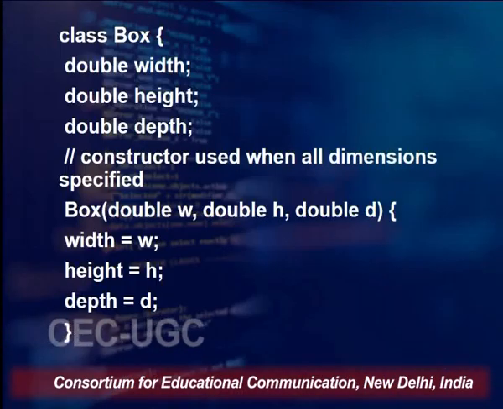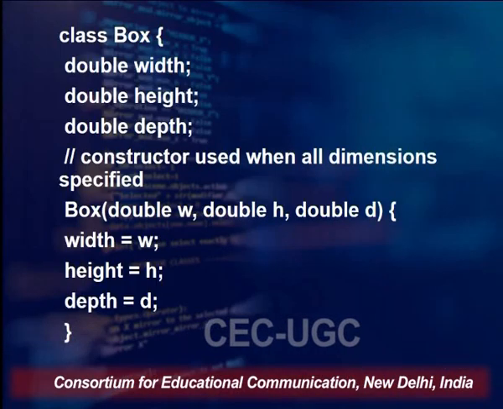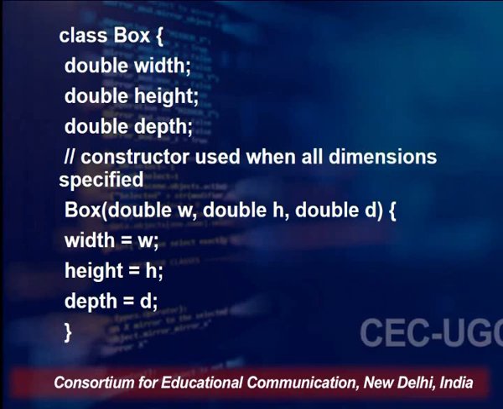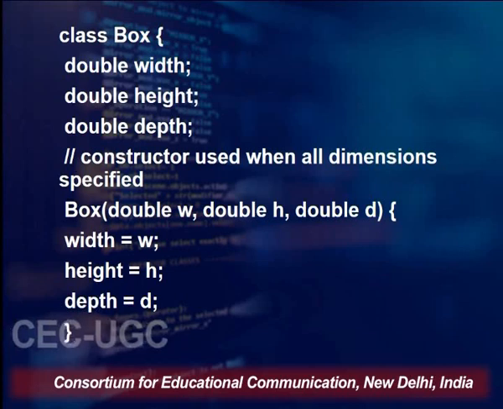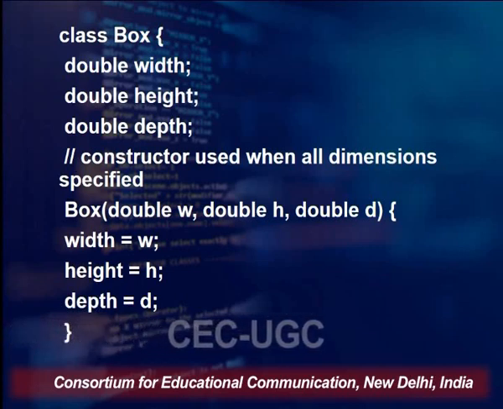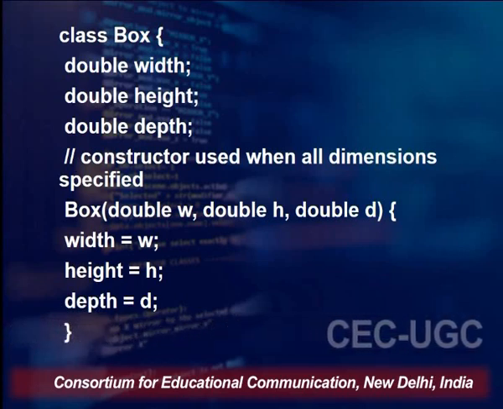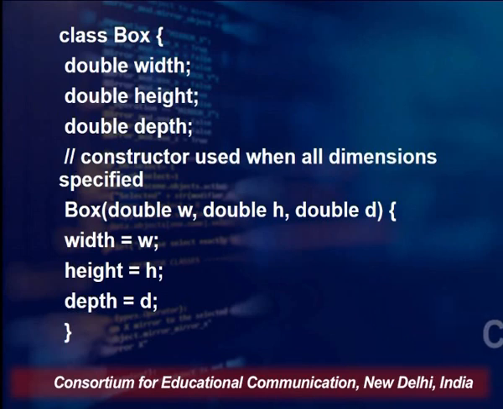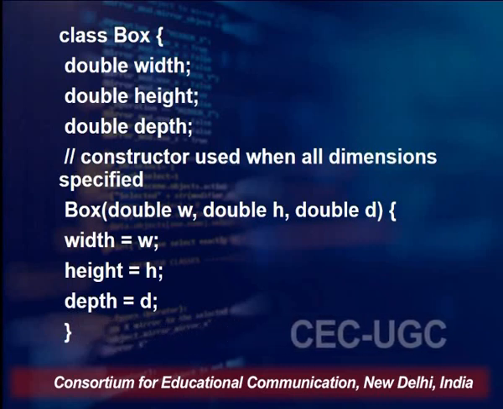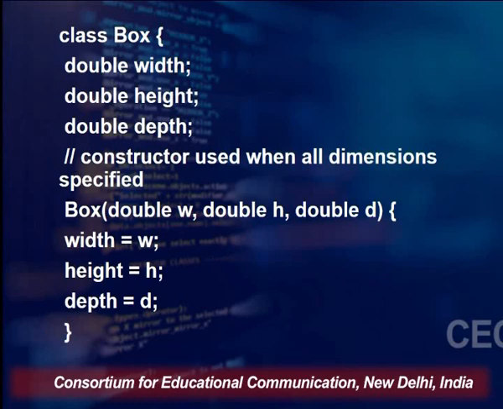And how it goes, let us see with the help of an example. Here we have a class Box, with double width, double height and double depth, and the constructor in which all the dimensions are specified is written as Box, having three double parameters which are W, H and D, and the values of W, H and D are assigned to width, height and depth respectively. This was the situation we have seen earlier also.